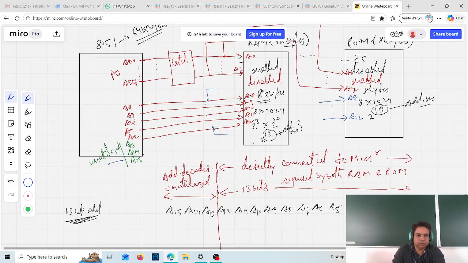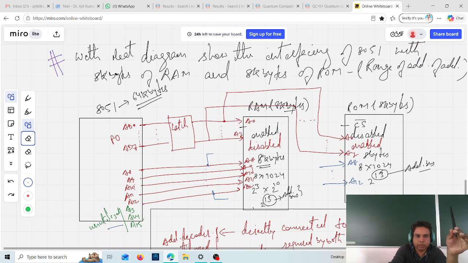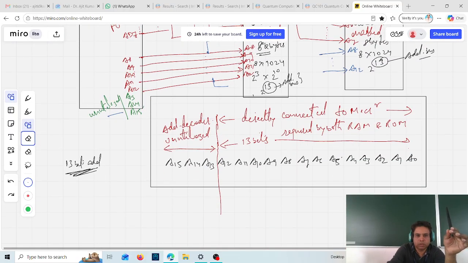I need space here. Okay, no problem. This is actually what I wanted to show here, something called, okay, no problem.